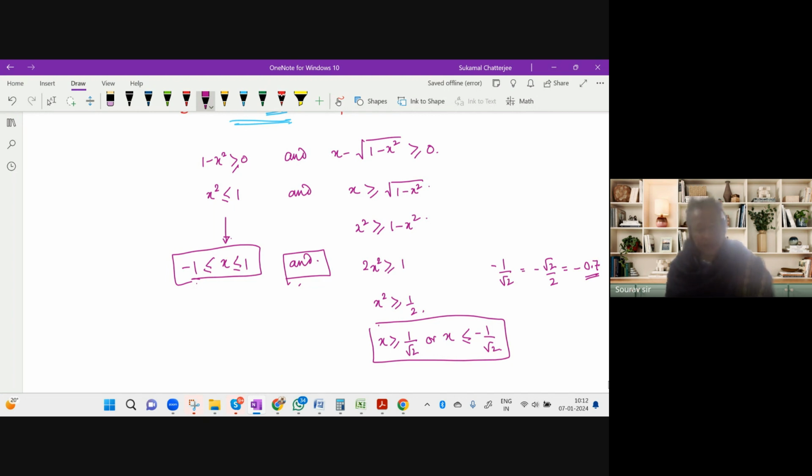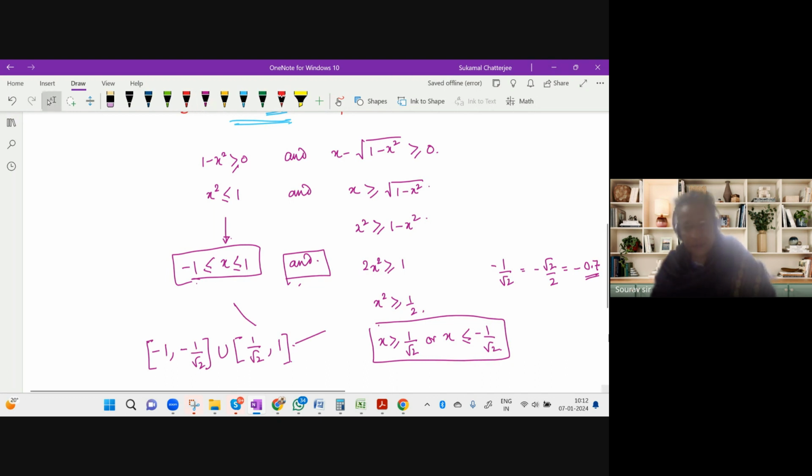So the combined solution is that x will lie between -1 and -1 by root 2, and along with that, another set of solution, which is 1 by root 2 to 1. Is it clear?